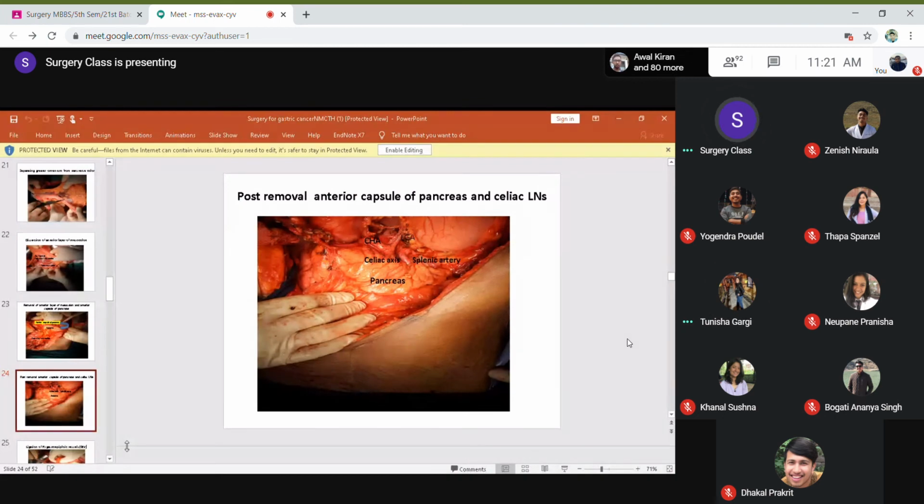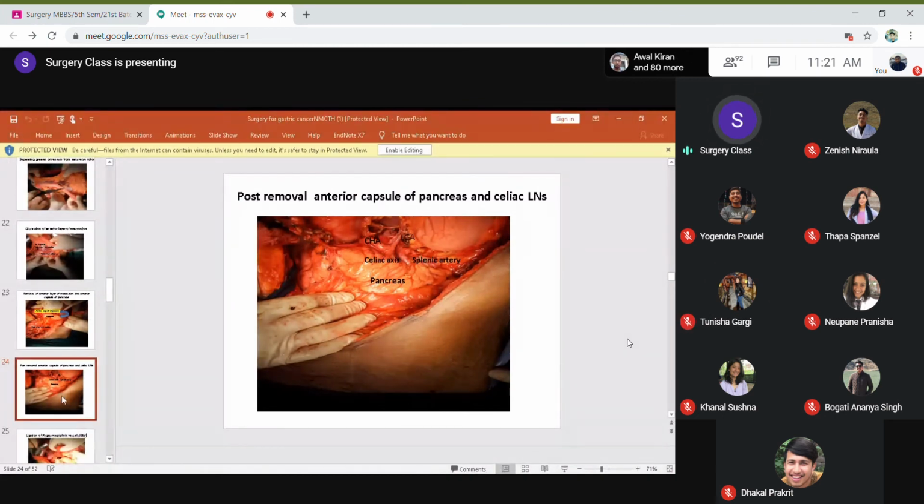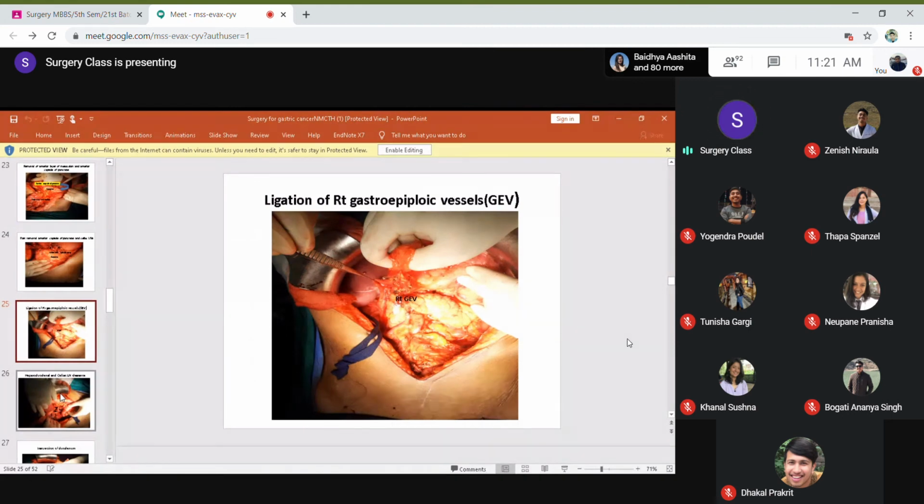So now we are moving ahead with the surgery. Now see the right gastroepiploic vein, that is being ligated. To separate the stomach, along with the right gastroepiploic artery there will be the right gastroepiploic vein, which will go into a trunk, which will go directly into the portal vein, known as the gastrocolic trunk.